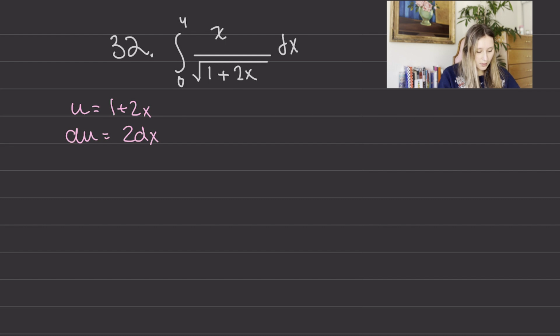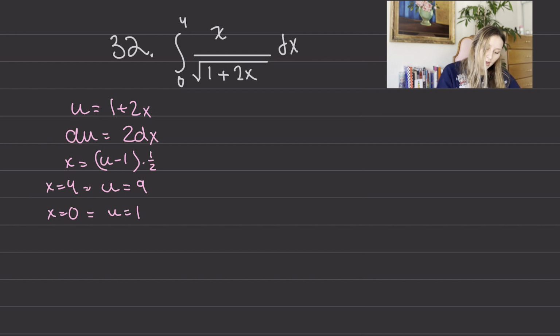We get x just going to be u minus 1 times 1/2. When x is 4, we get u is 9. When x is 0, we get u is 1. All right.